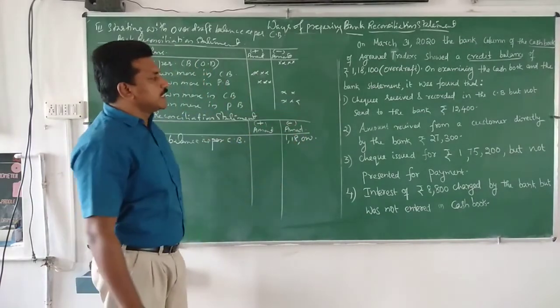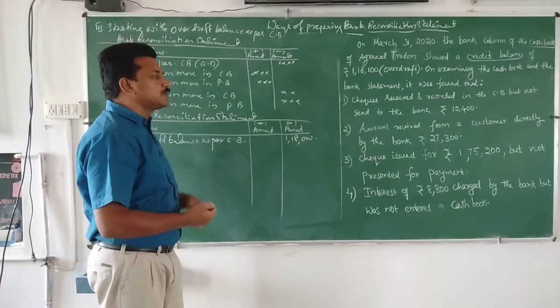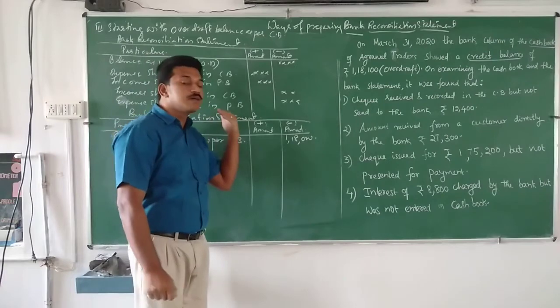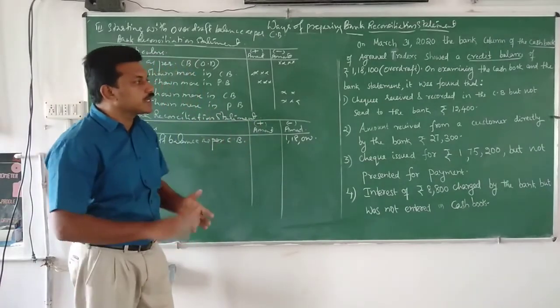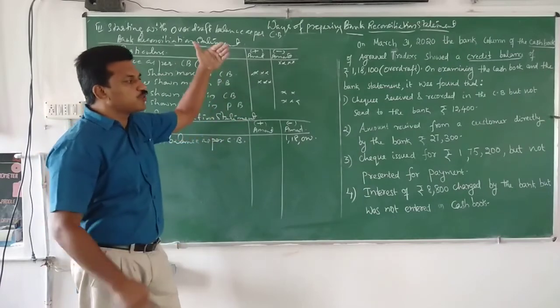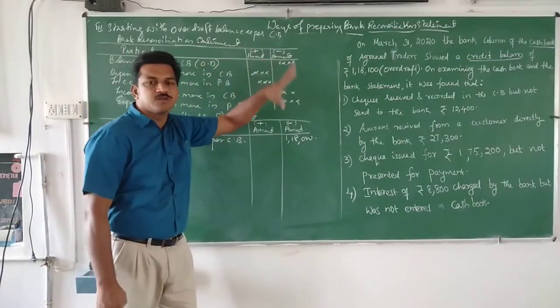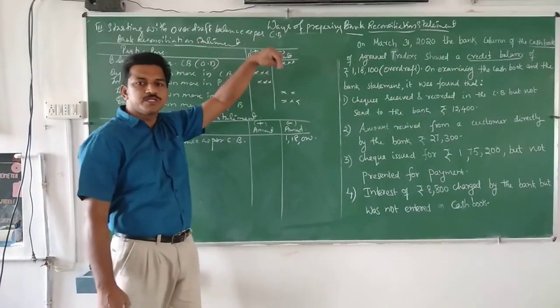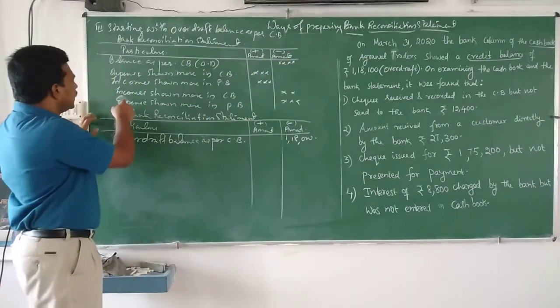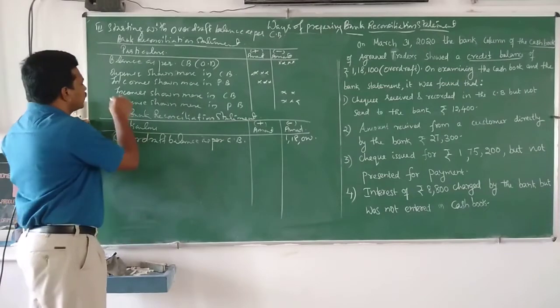Okay. Then check received and recorded in the cash book but not sent to the bank. Check received and credited in the cash book. We received a check, so it's an income. Income shown in cash book but not presented to the bank. Means that income is not shown in the passbook. Here it is.